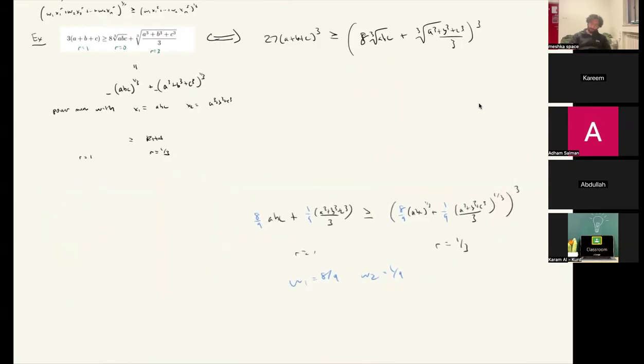If we want to complete the inequality, we should show now that this one is bigger than or equal to (a plus b plus c over 3) to the power of 3, right? Because we take this, we divide by 9, and then we cube it, right?